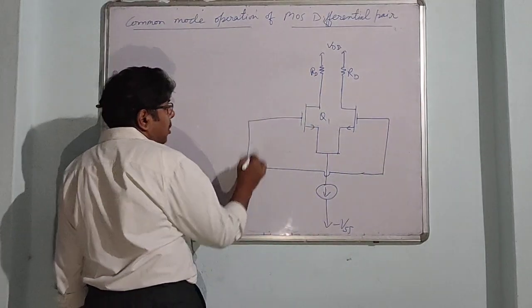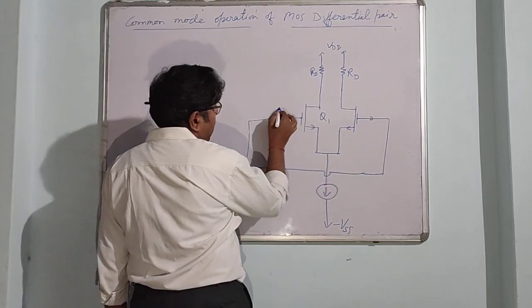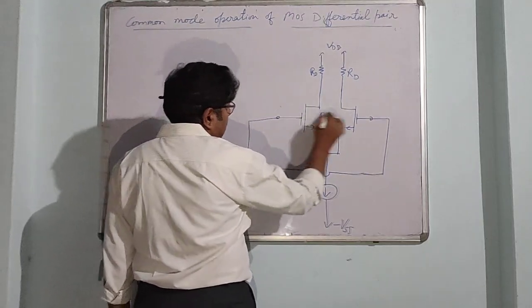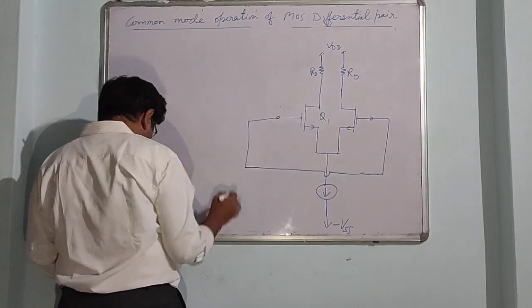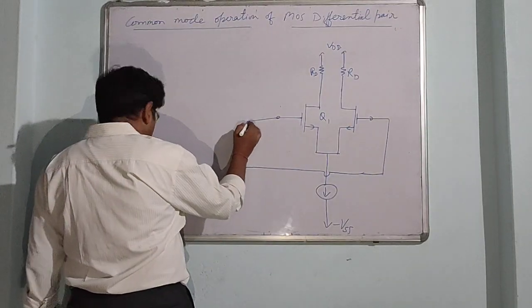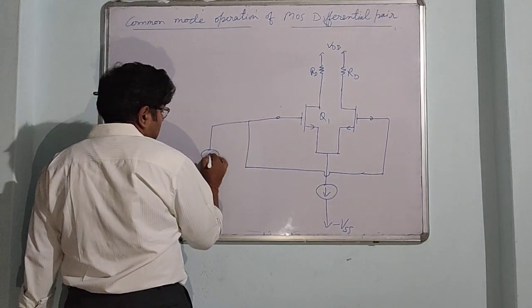The two gates are common, and here we have a supply. Suppose the common mode signal applied is VCM.